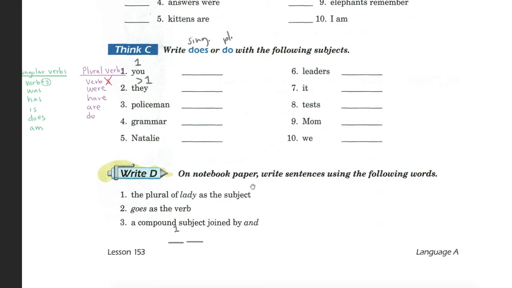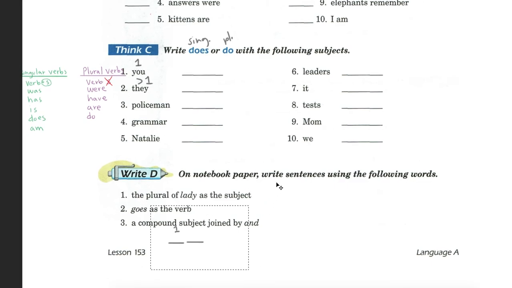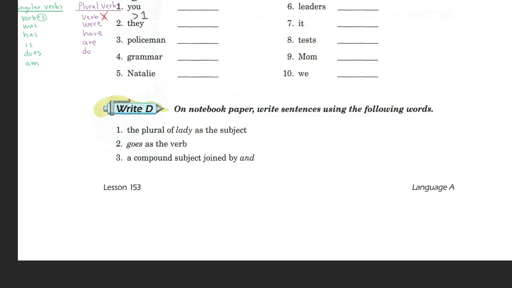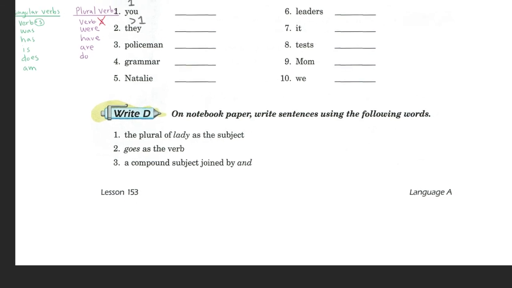Right, D. On notebook paper, write sentences using the following words. So if you have space here, I think you guys should have enough space. You can write it down here or to the side. Number 1, the plural of lady as the subject. So the plural, if you have more than one lady, it's ladies. So use ladies in a sentence. Number 2, goes as the verb.